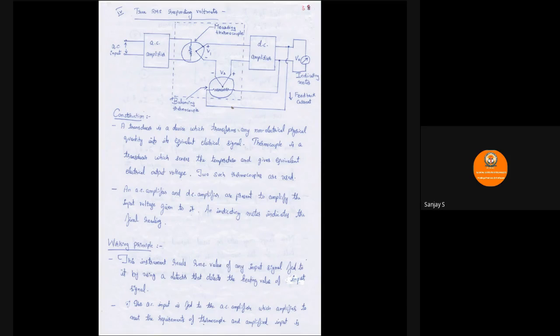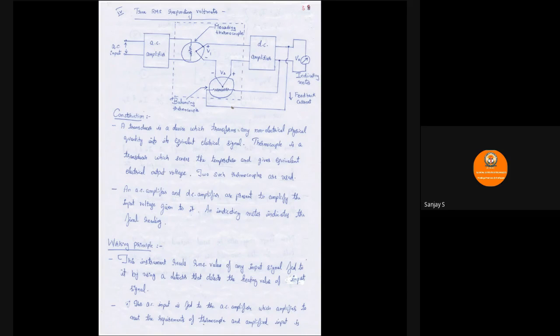Coming to the construction, it contains an AC amplifier and a DC amplifier for the purpose of enhancing the amplitude of the signal. Then we have a thermocouple. We have a measuring thermocouple and a balancing thermocouple. Thermocouple basically is a transducer.